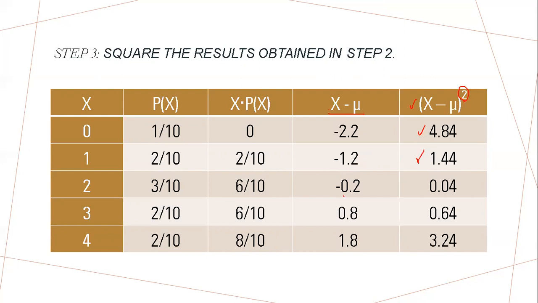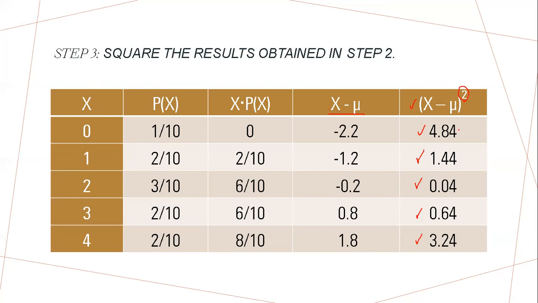Then negative 0.2 times negative 0.2, we have positive 0.04. Then 0.8 times 0.8, we have positive 0.64. And 1.8 times 1.8, we have 3.24. So I hope it's clear, no?